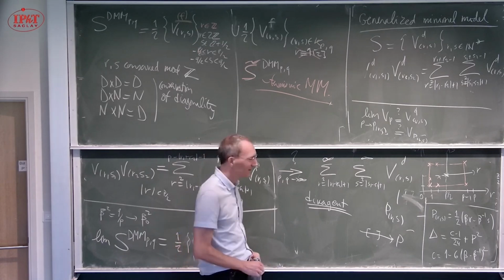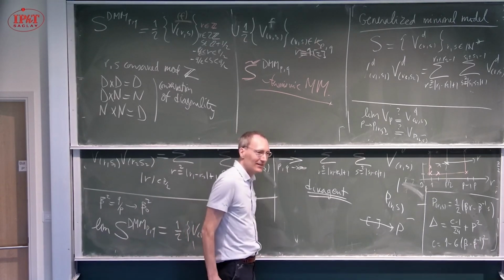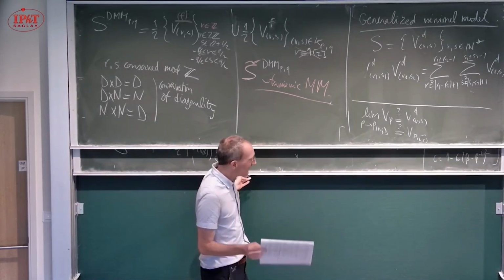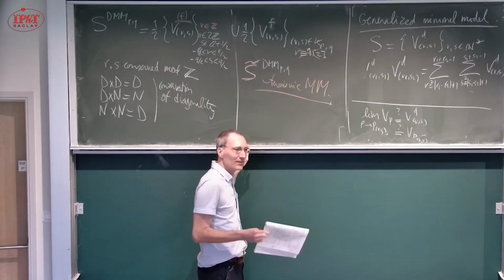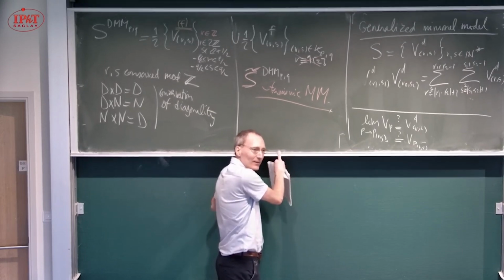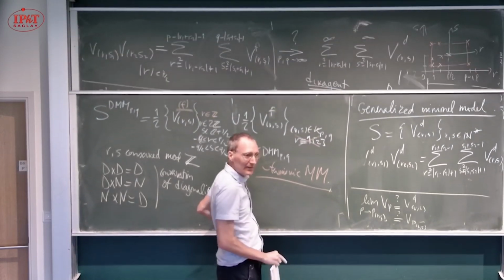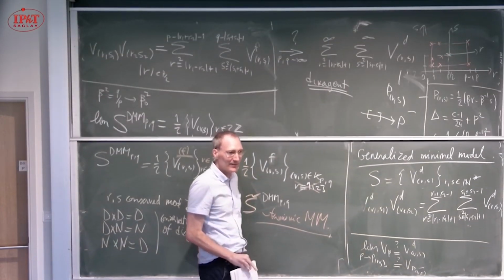Right, so we had a problem with this. So what's different here? Well, in fact, that's the solution. What we want is to have an integral. This sum is divergent, but the integral would be convergent as in Liouville theory.